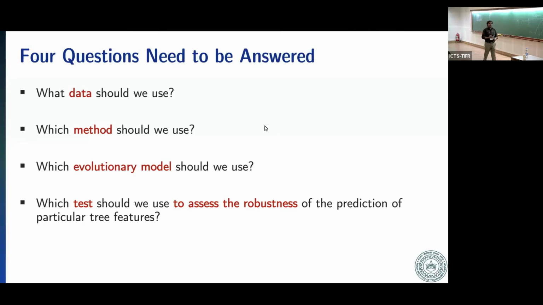It can be simple, intermediate, or complex, depending on what you really want to get from the model. And finally, once you have reconstructed everything, is there any particular test that we can perform in order to test the robustness of the prediction from the tree structures? So these are the 4 things that are very important.